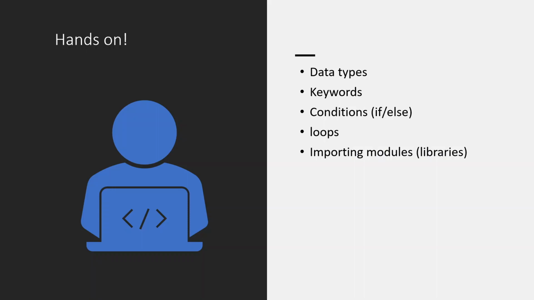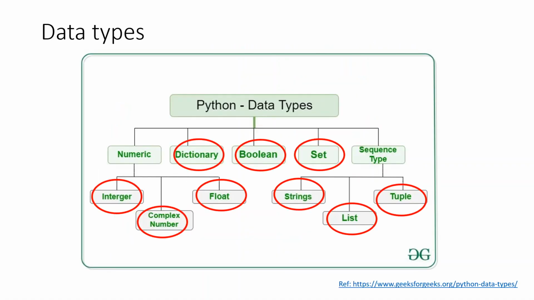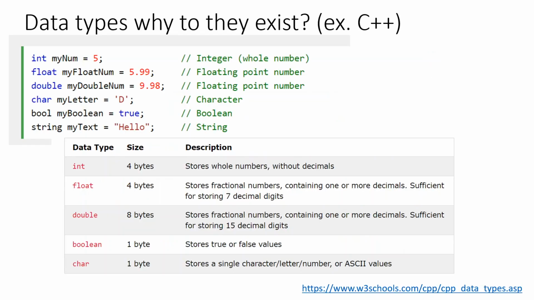Okay, in the last session, we learned about Python data types and why data types exist. That is to tell the CPU that I am consuming this much memory, and this is how much space I am sending to you as data, and you need to calculate based on that. That is the core idea about data types.